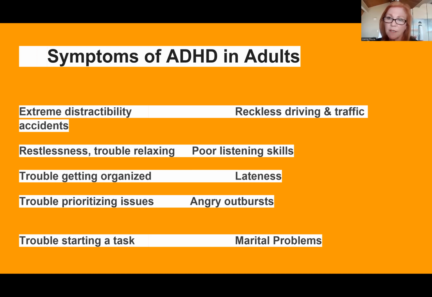So for instance, getting started on a task, if somebody has ADHD, they have trouble prioritizing. They have trouble determining just how much time it's going to take to do something. They oftentimes overestimate or underestimate, and so they're caught in a jam where they're not prepared. People who succeed in handling this might be assigned a task at work, and they figure out, okay, this is going to take me 40 hours, but I don't have 40 hours this week.